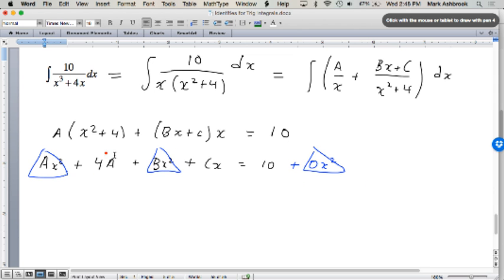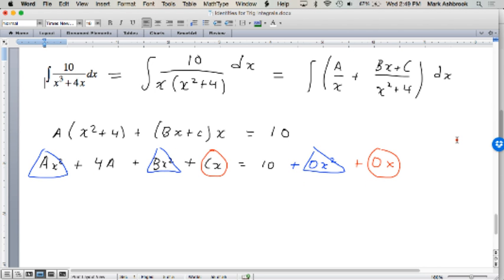So we have a cx term, right? We have 0x. We just have a constant 10. So that means 0x squared and 0x. So we're going to have a plus b equals 0.